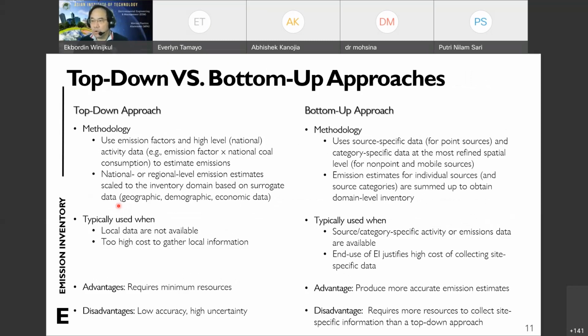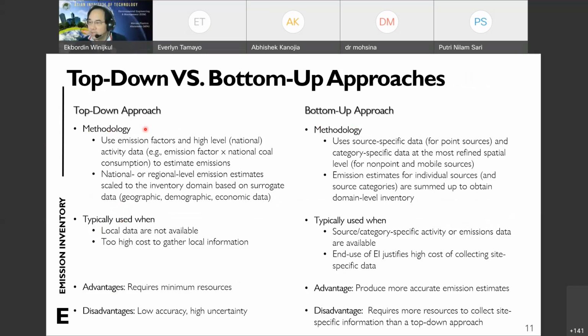Okay, so to go more into detail about the top-down and bottom-up approach, this slide shows the comparison between top-down on the left and bottom-up on the right in terms of the methodology, the uses, the advantages and disadvantages. Right now I'm talking about top-down, which is not detailed.